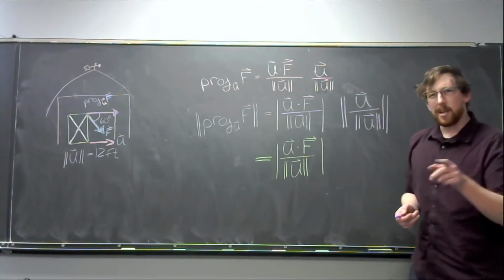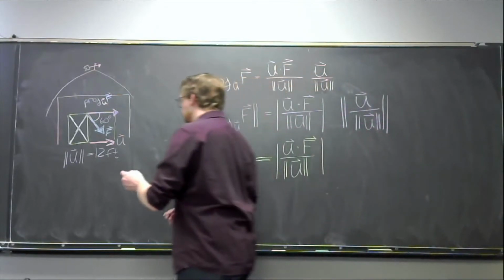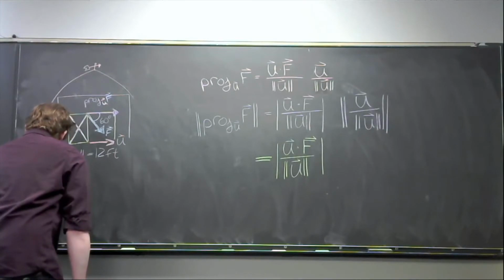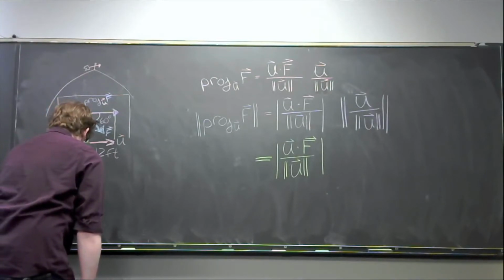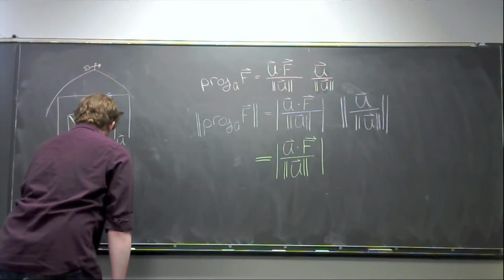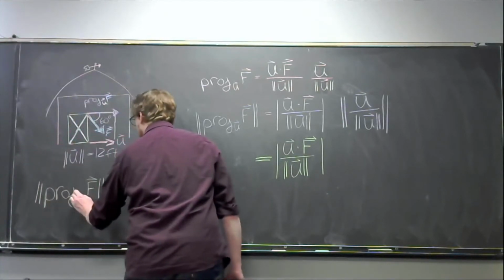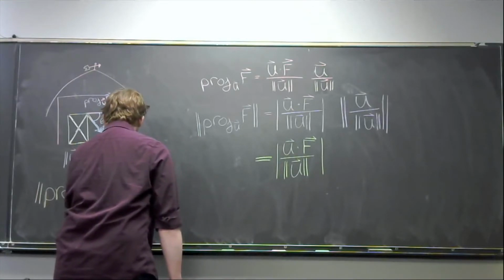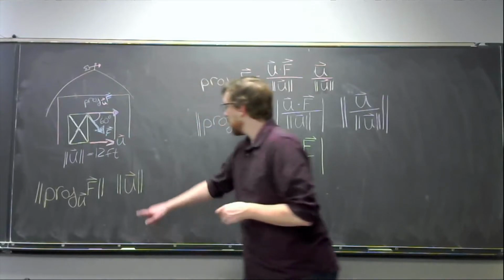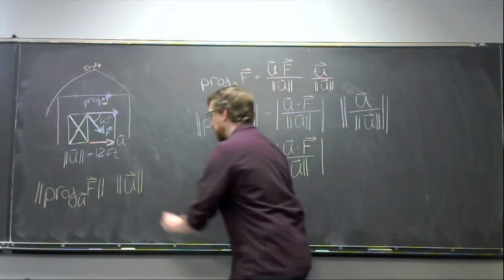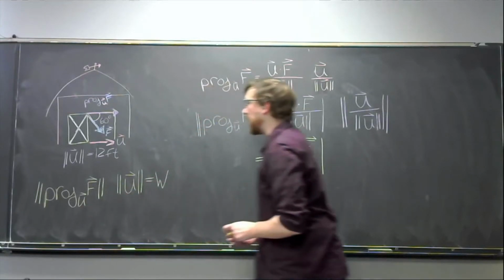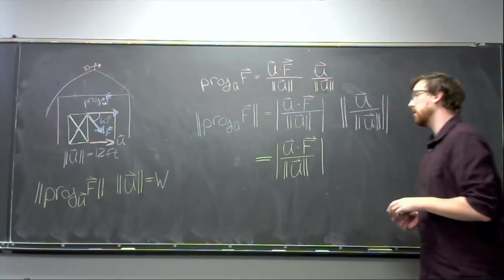So it makes sense that the formula we're going to want to use here is going to be the magnitude of the projection of F onto U times the magnitude of U. We already know the magnitude of U. So we have to find out what the projection of our force onto U is.